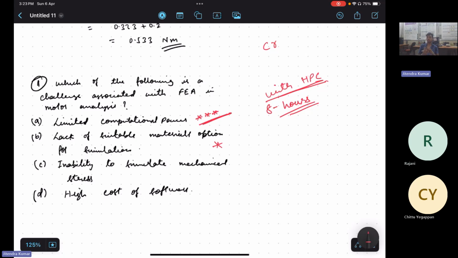Let us suppose you are using M19 still, right? M19 is present in the market and also in many software. Next, if you want to use slightly higher grade materials, I mean M250, M270, M235, all with cobalt integrated still.